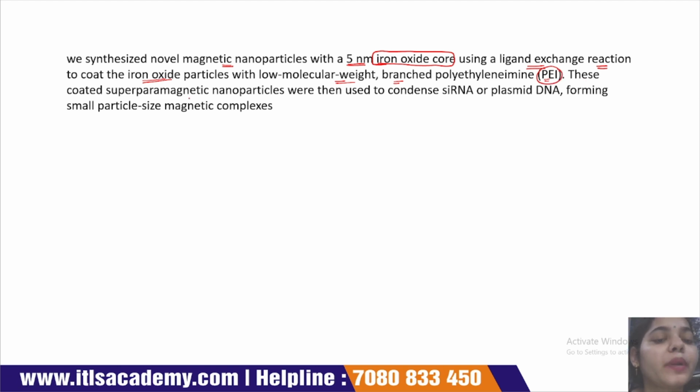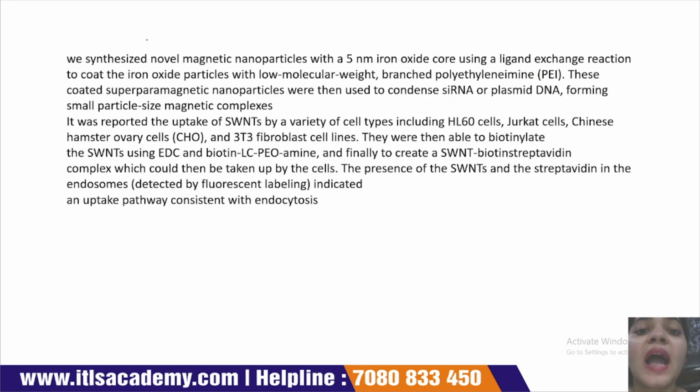These coated superparamagnetic nanoparticles were used to condense the siRNA or plasmid DNA, forming small particle size magnetic complexes.